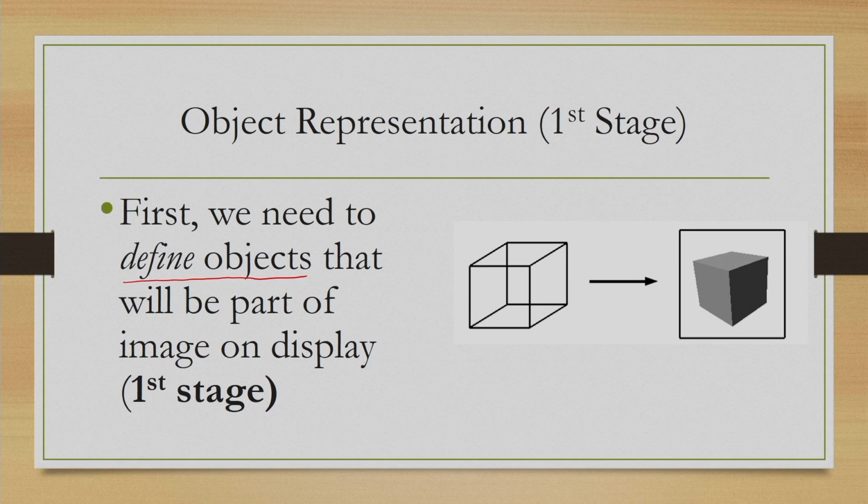For example, as you can see in this figure on the screen, we want to generate the image of a cube with color values as shown on the right hand part of the screen. This image contains an object which is a cube, and on the left hand side we have defined this cube.